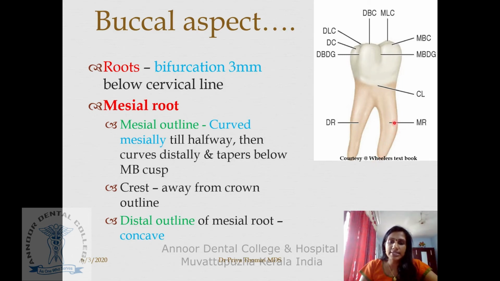And the maximum crest of curvature, or the convexity that you have here, when you draw a line from here, is present away from your mesiobuccal crown outline. So this crest is actually positioned outside your mesiobuccal crown outline. Then when you look at the distal outline, it is more concave. So your distal outline is concave. Your mesial outline curves till midway and then it tapers distally.